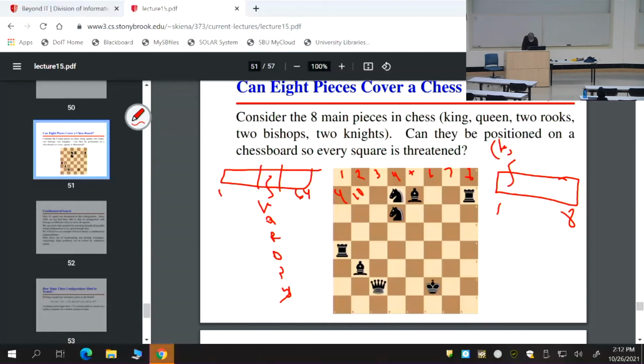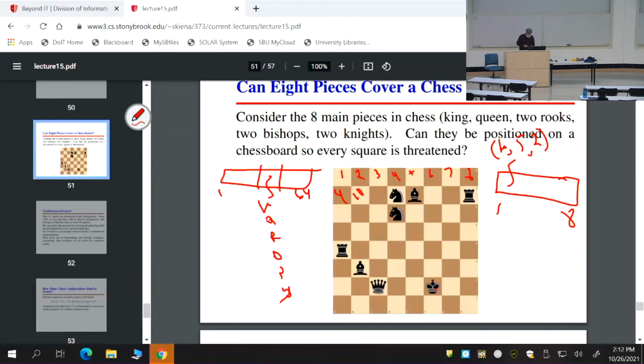Well, the king is in which column now? This is the king, right? The king is in column 5. I claim it's not enough to know what column the king is in. You probably need the column and the row, because we no longer have the nice property that we only had one piece per row or column. So I think we've got to specify that.